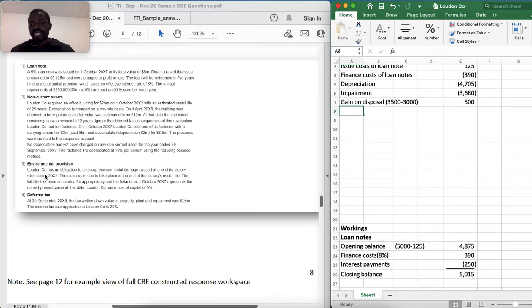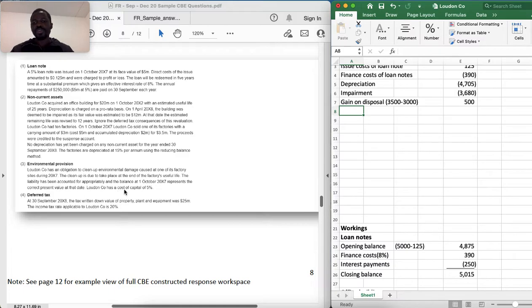We are told that Loudon has an obligation to clear environmental damage caused at one of its factory sites during 20X7. The cleanup is due to take place at the end of the factory's useful life. The liability has been accounted for appropriately, and the balance at 1 October 20X7 represents the correct present value at that date.